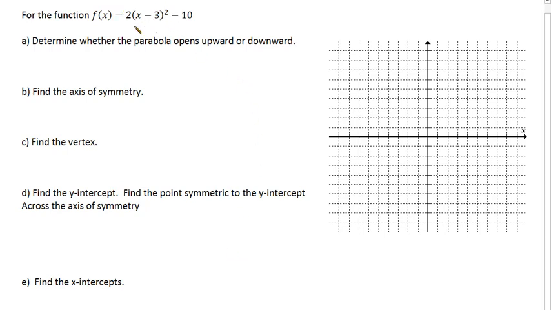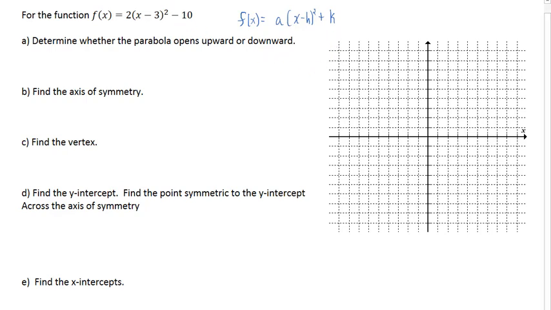Alright, so first, let's determine whether the parabola opens upward or downward. Now, we're given a different form of the function than we've seen in previous videos. Here the function form is f of x equals a times (x minus h) squared plus k. When we see an equation of this form, it's sometimes called the vertex form.